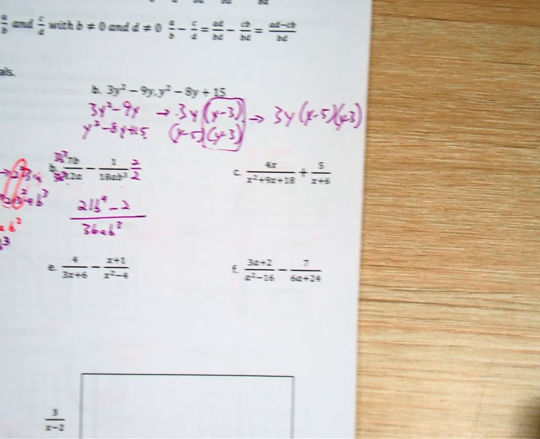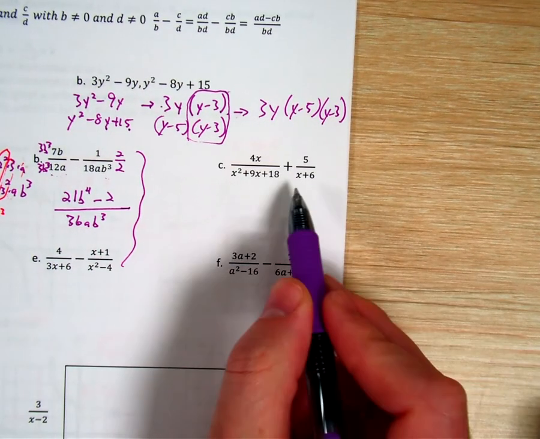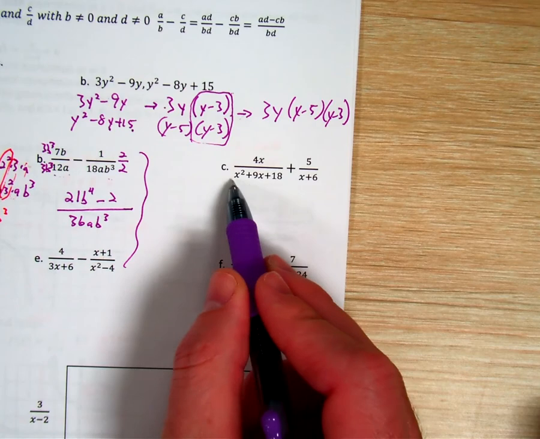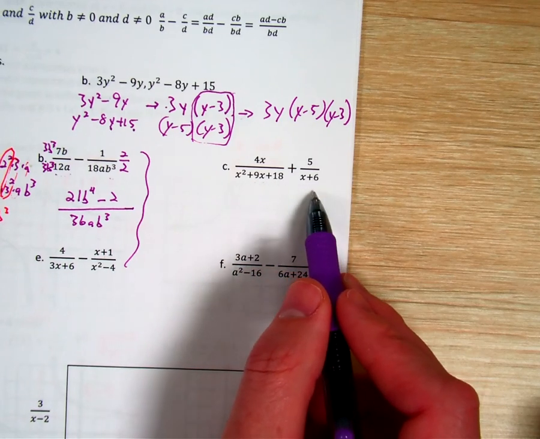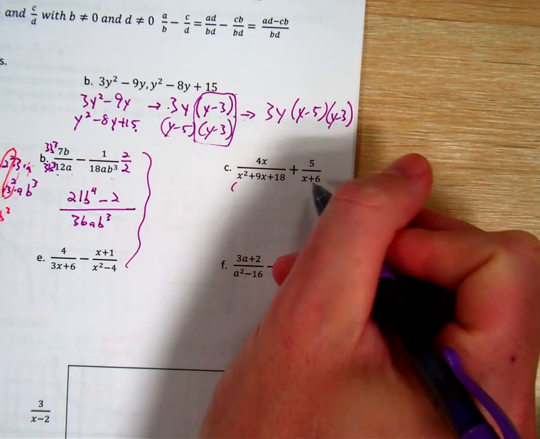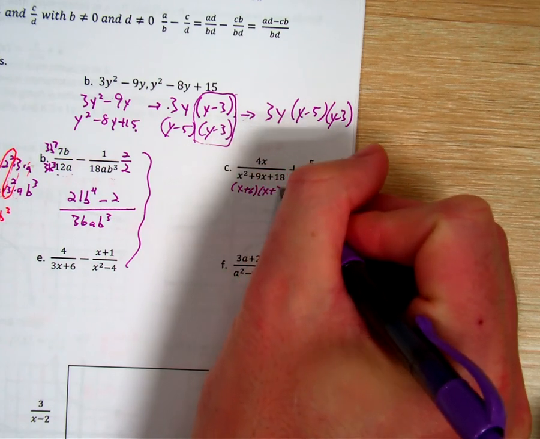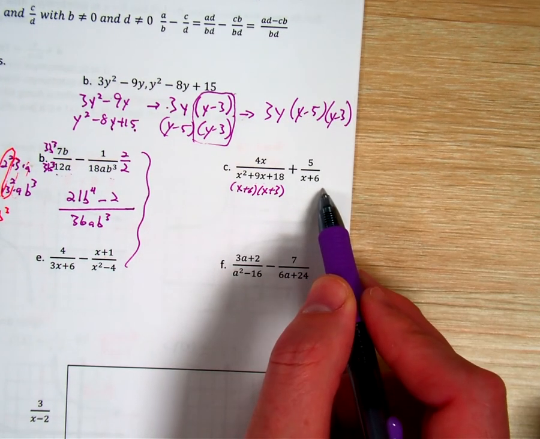Okay, slide over. All right, what about this one? X squared plus 9x plus 18 and x plus 6. So x squared plus 9x plus 18 is going to be x plus 6, x plus 3. And this one just has the x plus 6 on the bottom.